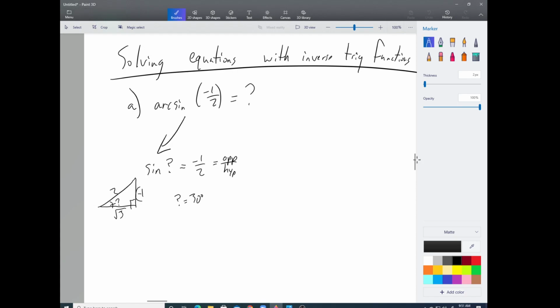Now, I do have a y value here of -1, so realistically this is going to have to be a -30. And because we're in calculus and we're not using degrees, I'm going to get out that the arc sine of -1/2 will be -π/6.